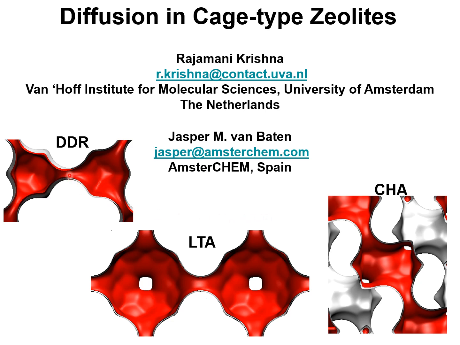In all cases, the windows separating adjacent cages are 8-ring windows, and the aperture size is in the range of 3.6 angstrom to about 4.1 angstrom.